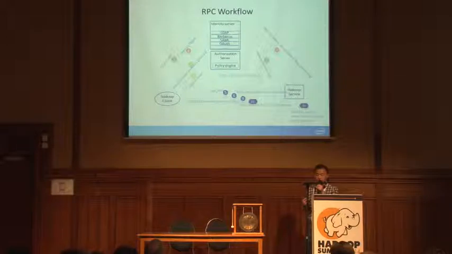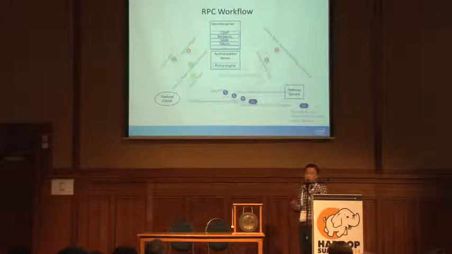So the client can refresh the identity token, and of course the admin can revoke or remove the identity token. Okay, and the lifetime can be configured by the admin. Okay, this is the RPC workflow.